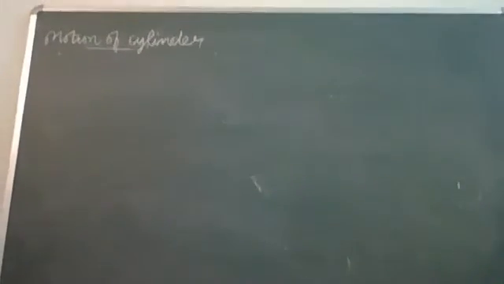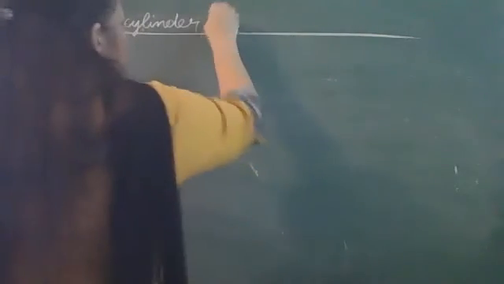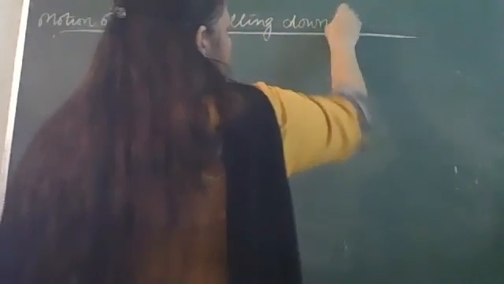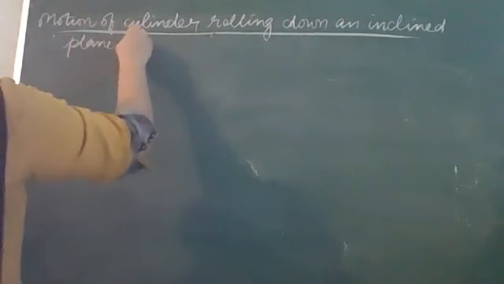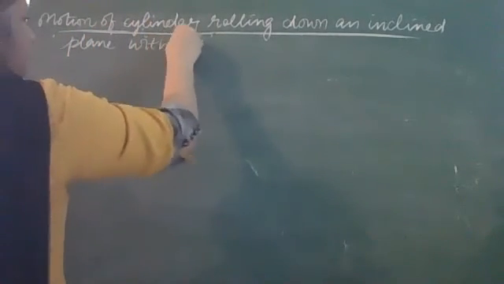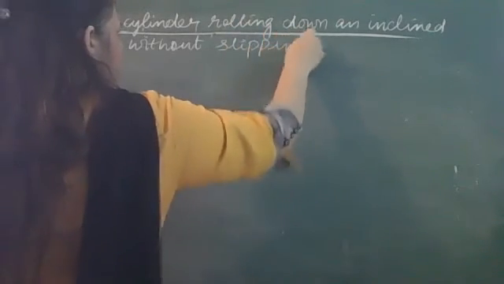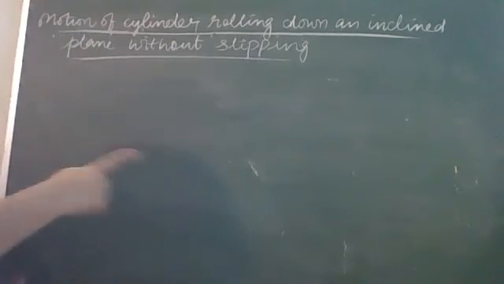Motion of a cylinder, or it can be any object other than a cylinder also, rolling down an inclined plane without slipping. So that it rolls, it doesn't slip, it comes down rolling.